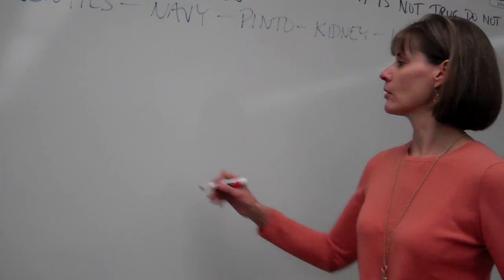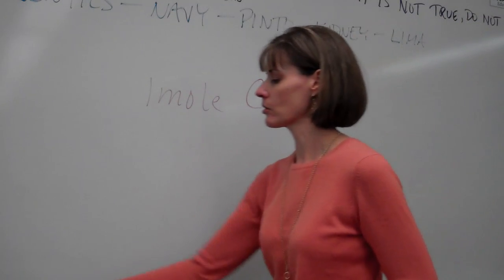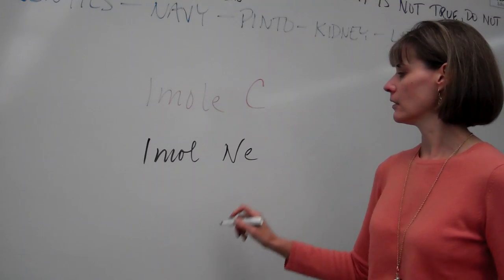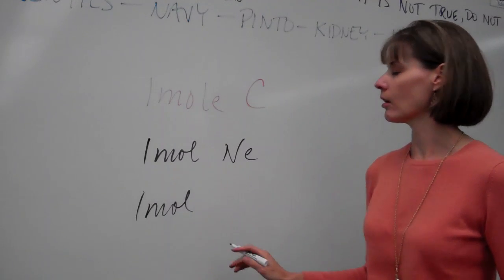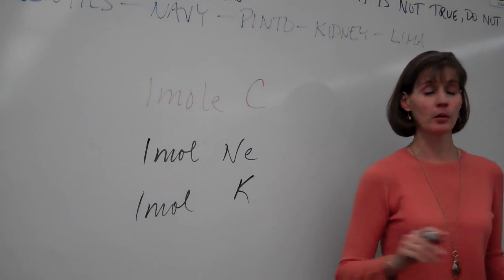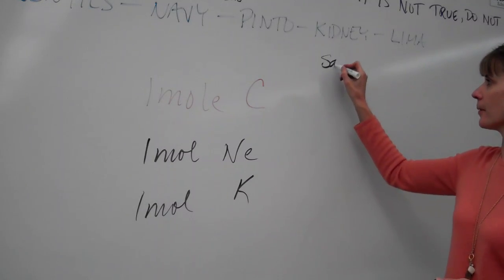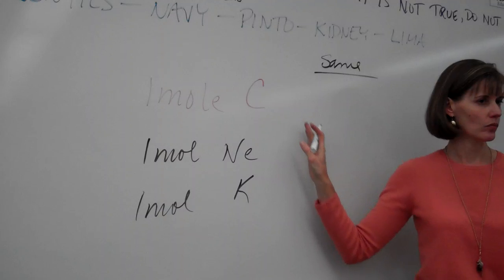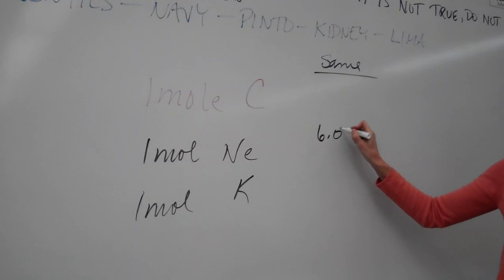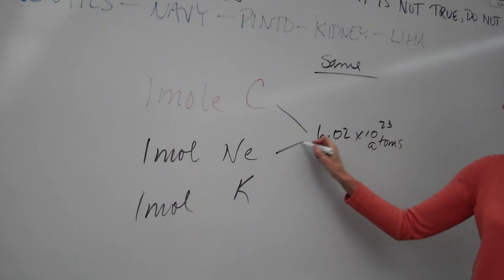So say we've got 1 mole of carbon, 1 mole of neon, and 1 mole of potassium. MOL, by the way, is the abbreviation for mole. What is something that is the same? And how many is it? 6.02 times 10 to the 23rd atoms. So they all have that.